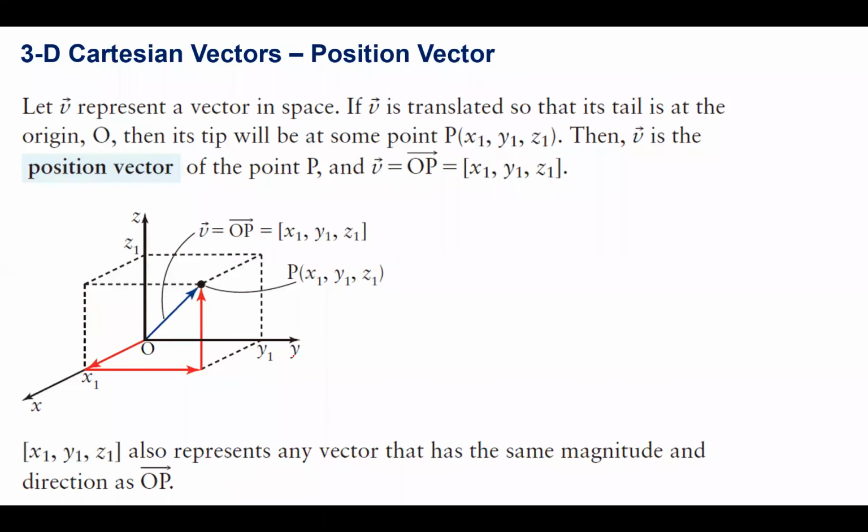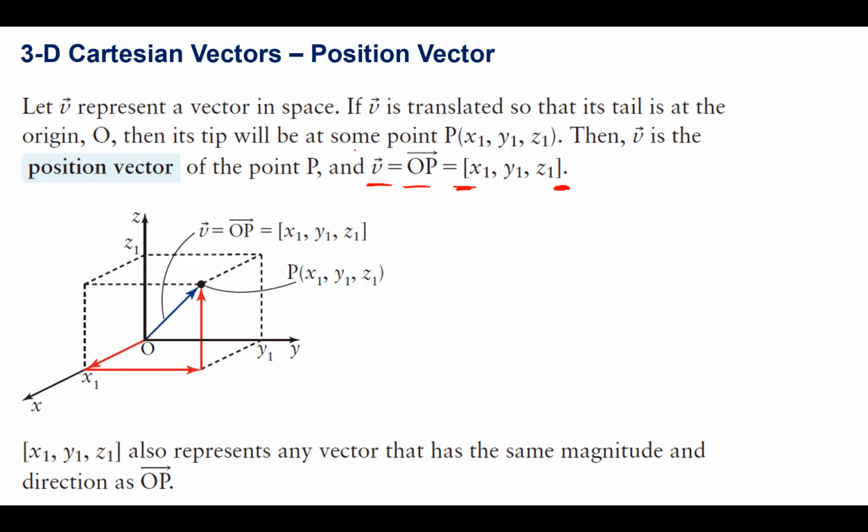Then vector V is the position vector of the point P. And vector V equals vector OP, which can be noted by this symbol. First, a square parenthesis. Inside the square parentheses are the coordinates of P, which is x1, y1, z1. This is vector V or vector OP, okay?